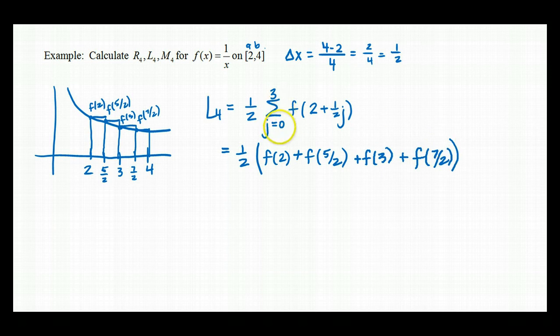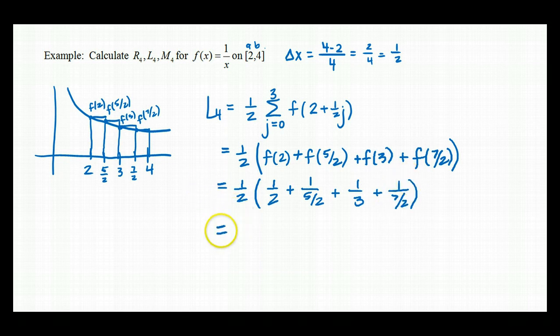So I could have got that by still plugging in all the indices of the summation. So now I'm going to have 1 over 2, and now I substitute these values into the function. So I'll get 1/2 plus 1 over 5 over 2 plus 1 over 3 plus 1 over 7 over 2.